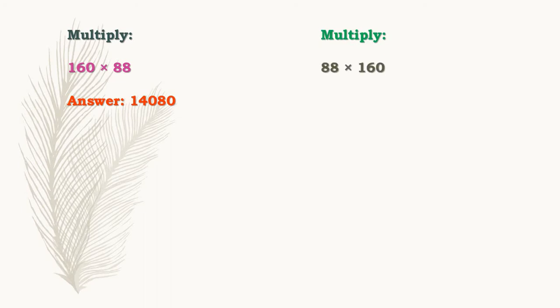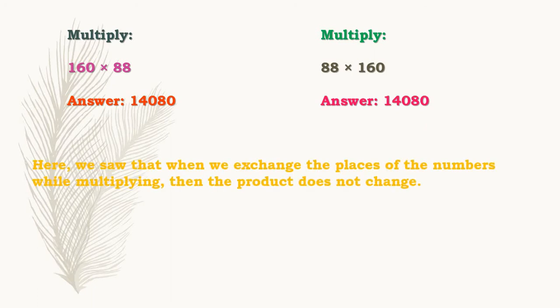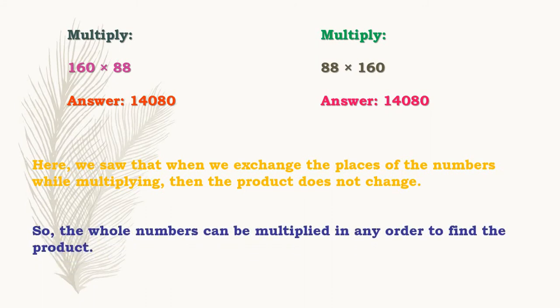Here you see, I have changed the places of the numbers. Correct, your answer is 14,080. Here we saw that when we exchange the places of the numbers while multiplying, the product does not change. So whole numbers can be multiplied in any order to find the product.